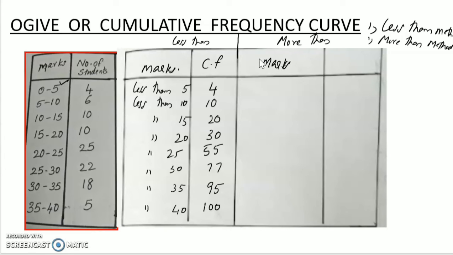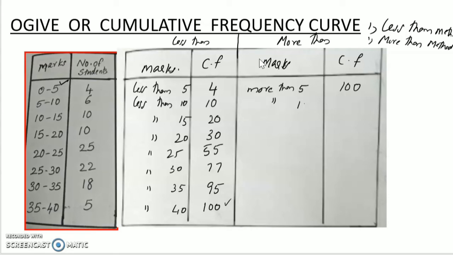In the more than method, what are we doing? More than 0. Then what cumulative frequency will we get? More than 0 means all the frequencies we have to add, that is 100. We got 100, so here we write 100. Okay, first I will finish this. More than 0.